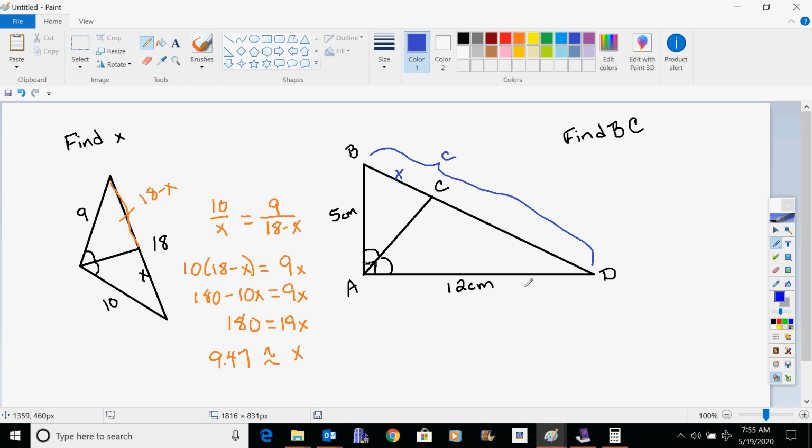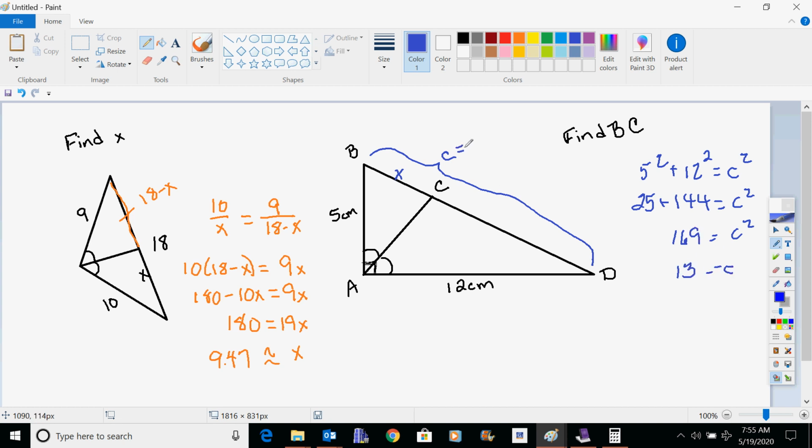A squared plus b squared equals c squared. Pythagorean theorem is your friend. So 5 squared plus 12 squared equals c squared. 25 plus 144 equals c squared. c squared equals 169. c equals 13.